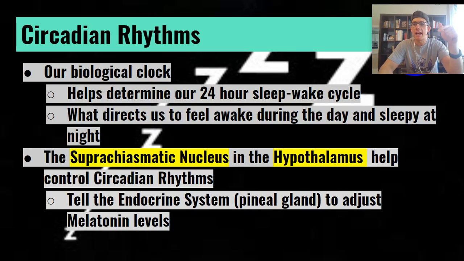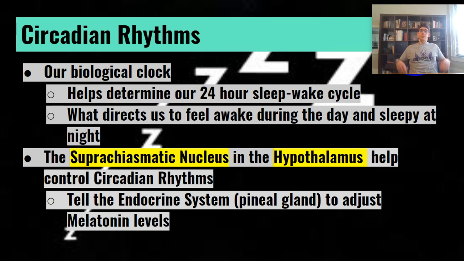Circadian rhythm, I would add this because one thing I think AP might do is make a prompt related to what you're currently going through with the COVID situation, not being in school and all that stuff. A lot of you, your sleep schedule is probably completely thrown off because you're actually kind of back to your biological clock.